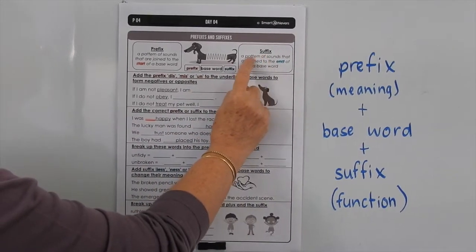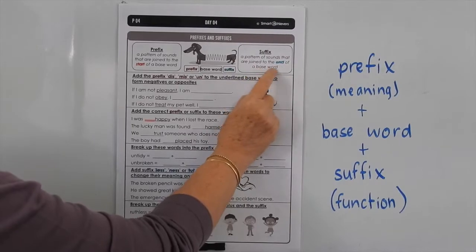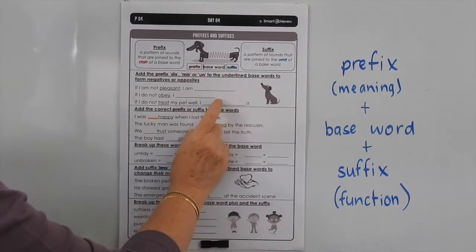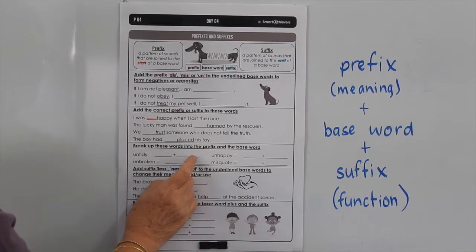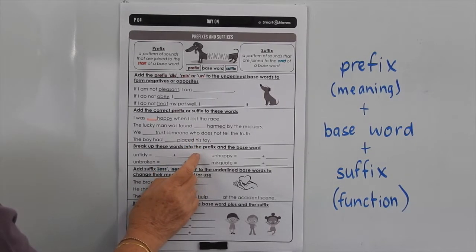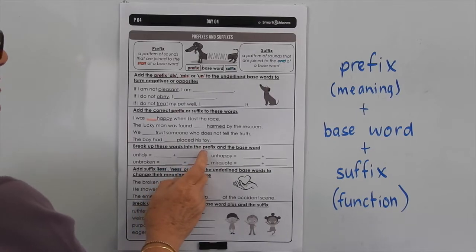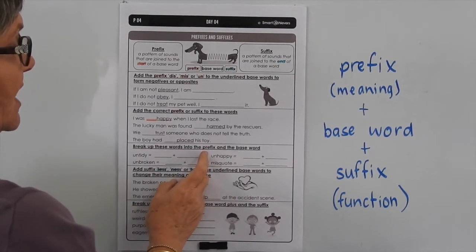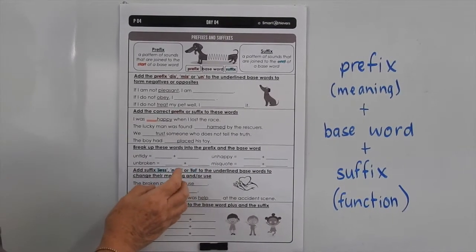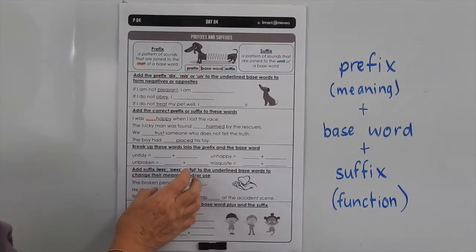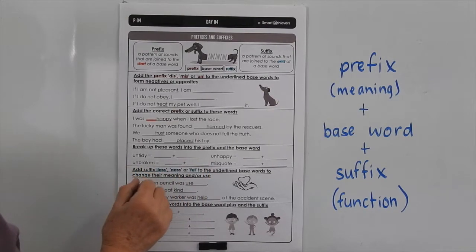Now suffixes are a pattern of sounds that are joined to the end of a base word, and they quite often change the function or the structure of the word. So it can change a word from a singular noun to a plural noun, it can change it to an adjective, an adverb, or a verb. So you can do a lot of things by adding a suffix to the end of a word.